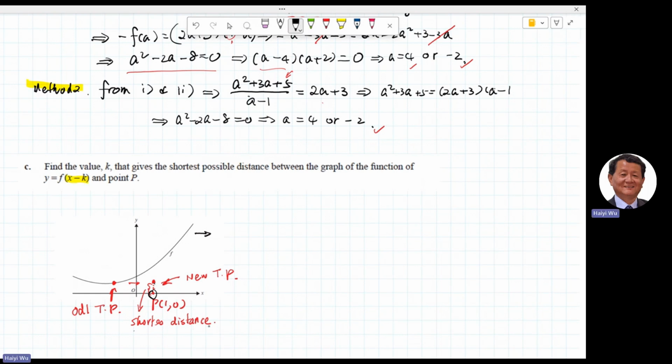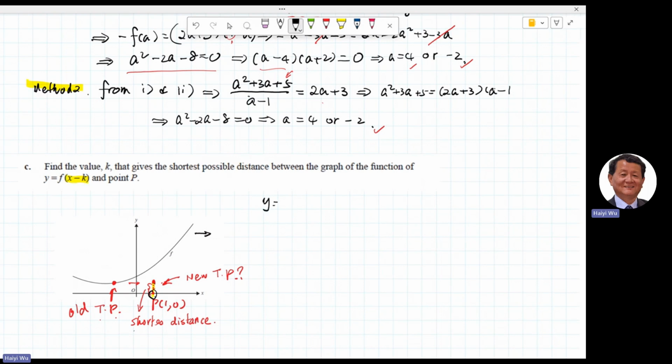That means we need to move the whole graph, changing the old turning point, TP, to the new position so that this particular distance is the shortest. So we need to find the new turning point.